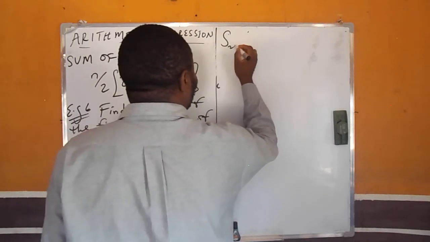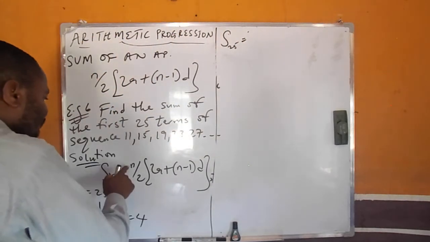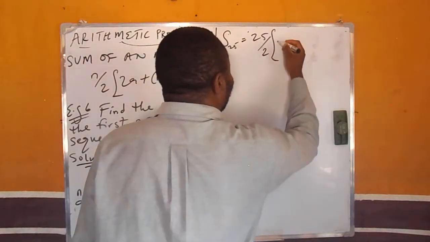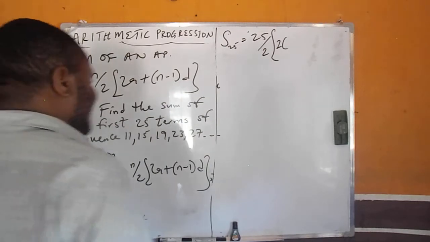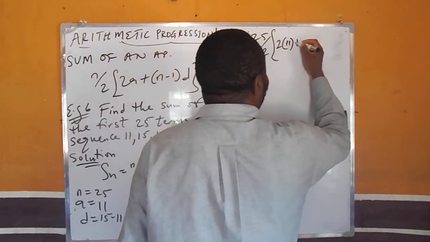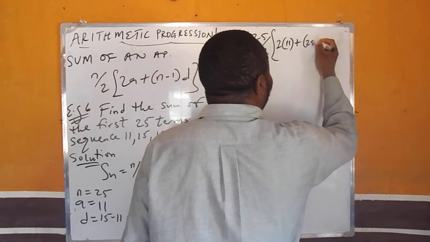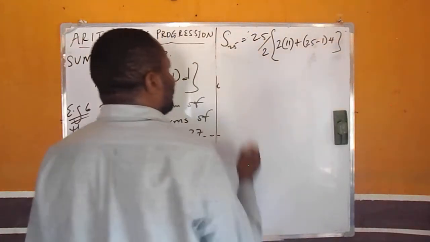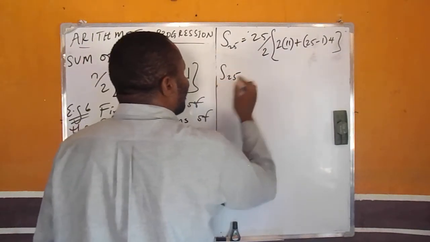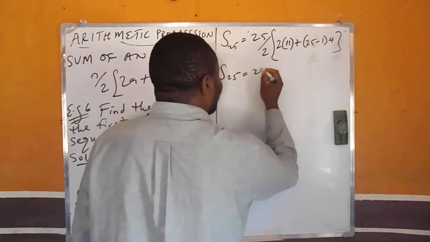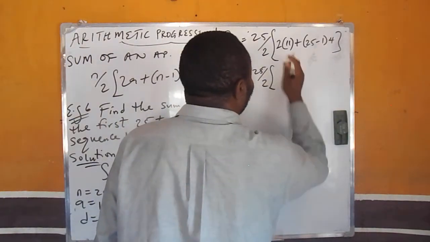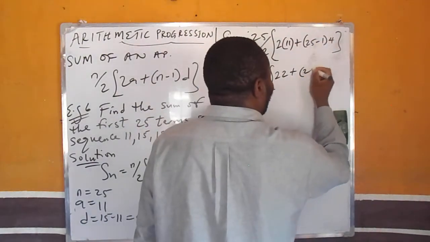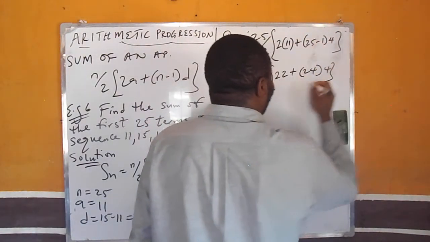S25 equals to n, which is 25, all over 2, in bracket 2a, a is 11, bracket close, plus bracket open n, 25 minus 1, bracket close, and d, which is 4. S25 equals to 25 all over 2, 2 times 11, 22, plus bracket open 25 minus 1, 24, in bracket 4.